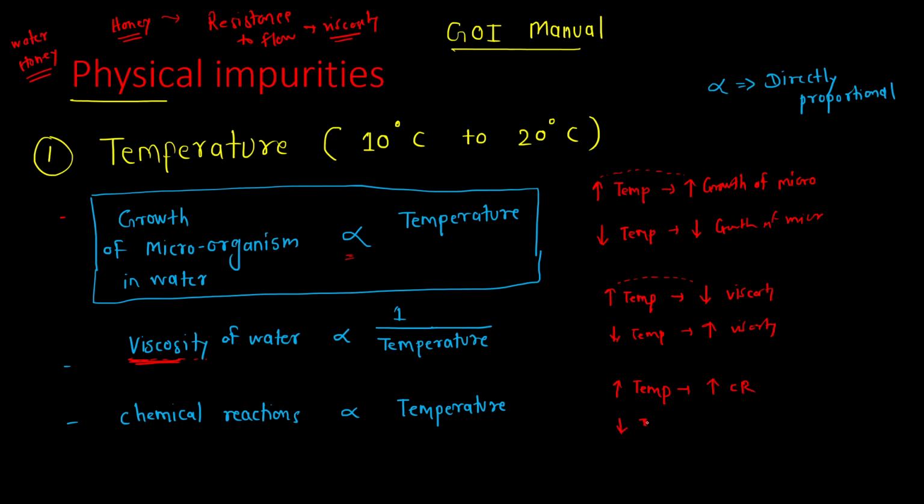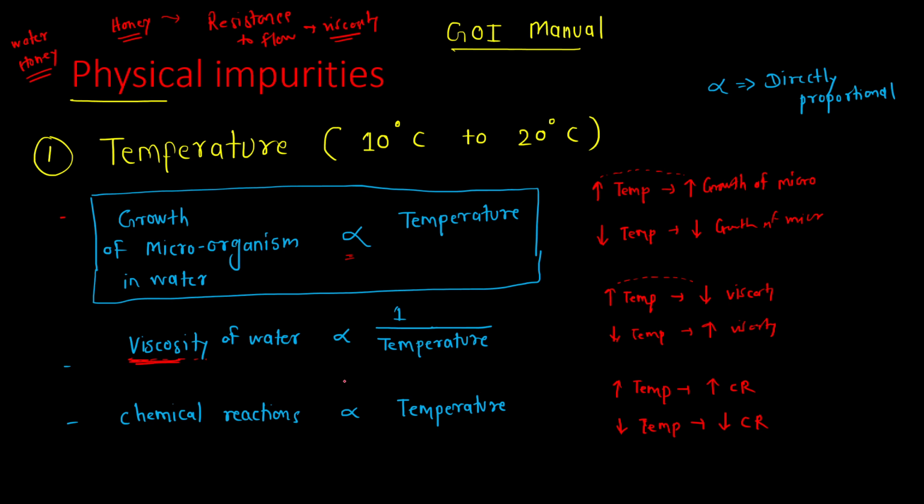If the temperature decreases, there will be a decrease in the chemical reactions. Now these three points are very important. Based on the temperature, you should be able to identify the effect in the water. Let's say the temperature is increasing. The growth of microorganisms will also increase. The viscosity will decrease. The chemical reactions will increase.